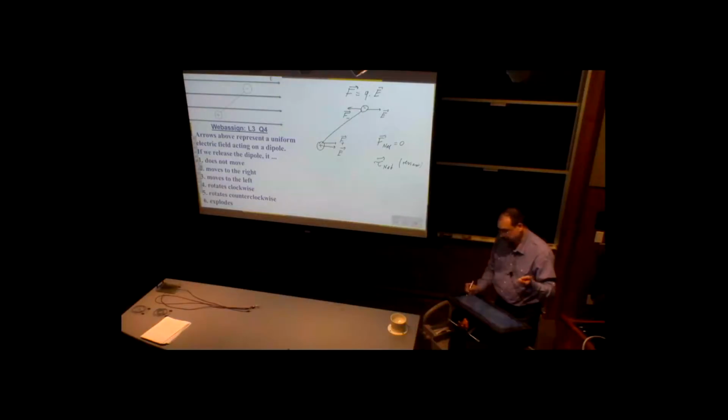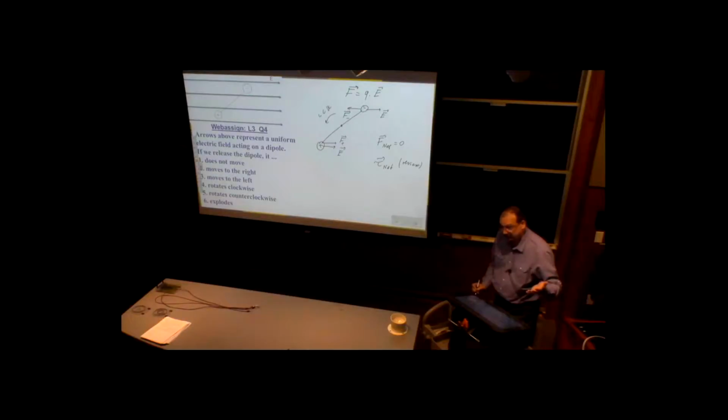Review. Is net torque equal to 0? No. It actually points counterclockwise. So it should start spinning counterclockwise, maybe with a certain angular acceleration, if nothing else is acting on it.